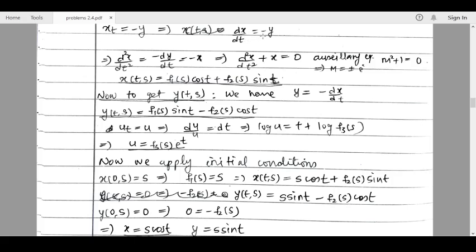So from this we will directly get y. From this equation we have y equal to minus dx by dt. So we have x here, differentiate this with respect to t, put minus, and you will get y. So y is equal to f1 of s sin t minus f2 of s cos t.